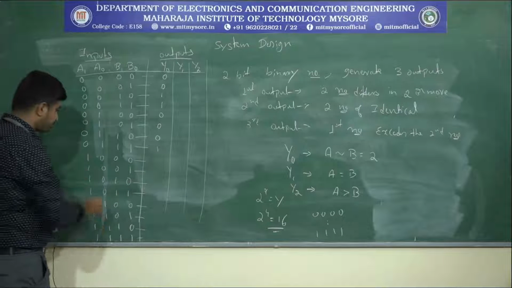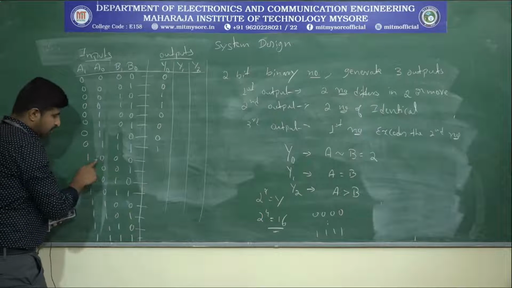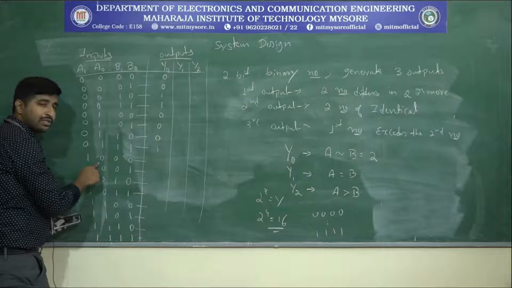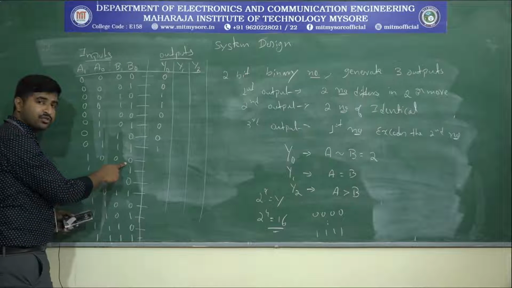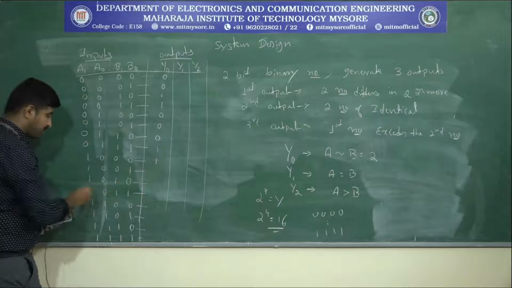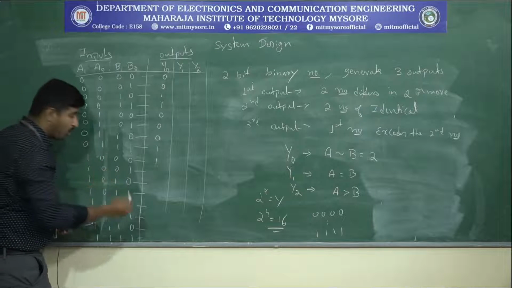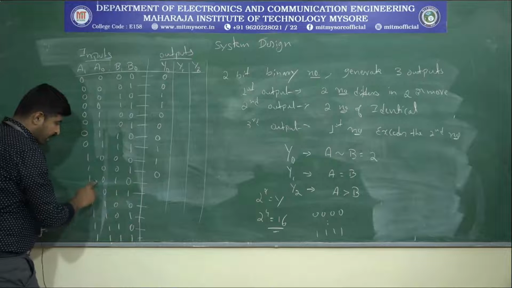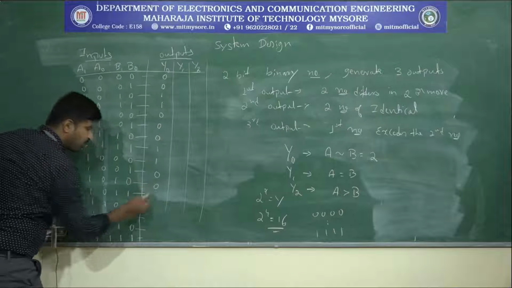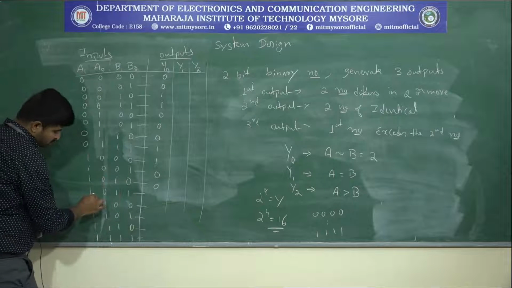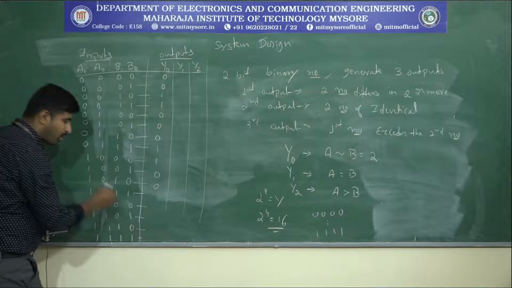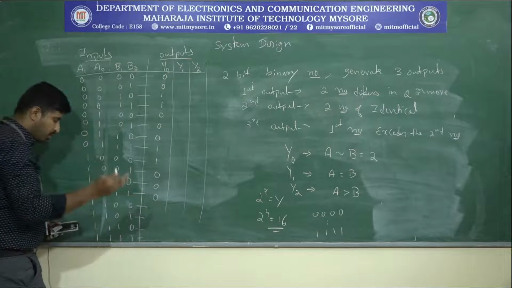Next, 2, 0: 2 minus 0, the difference is 2, so the output will be 1. Next 2, 1: the difference is 1, the output will be 0. 2, 2: the difference is 0, the output is 0. 2, 3: the difference is 1, so the output will be 0.